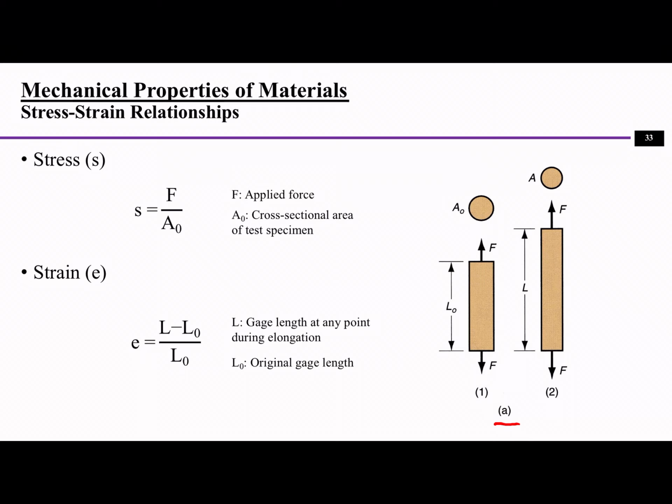The strain is a ratio of how much the length changed by applying the force on the material. The original length of the specimen is L0, the original gauge length, and then when the force is applied it is stretched to length L. So how much it changed is L minus L0, and then divided by the original gauge length, L0. This is how we get strain.